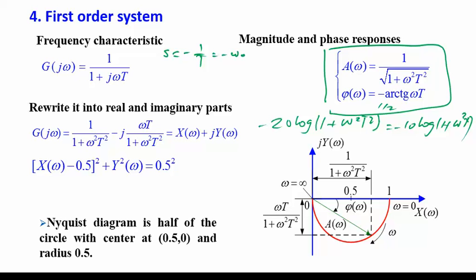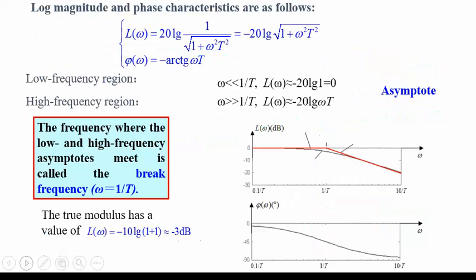We did this last lecture, so you can go over it. This is the Nyquist diagram. We are going to focus more on the Bode plot, and this is the Bode plot diagram that I did before, just today, right?